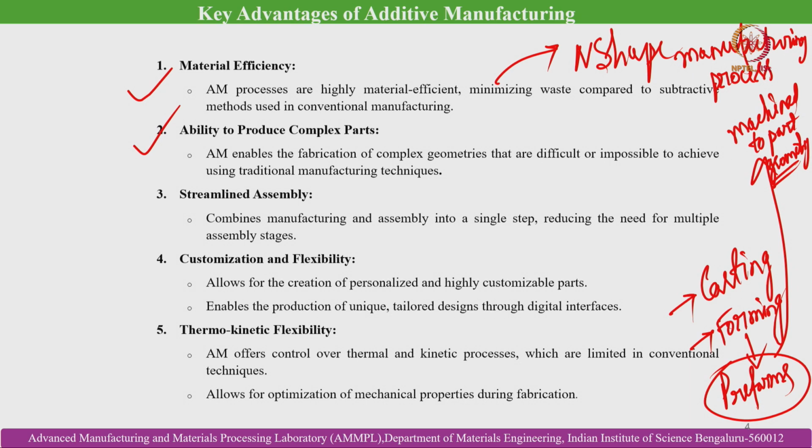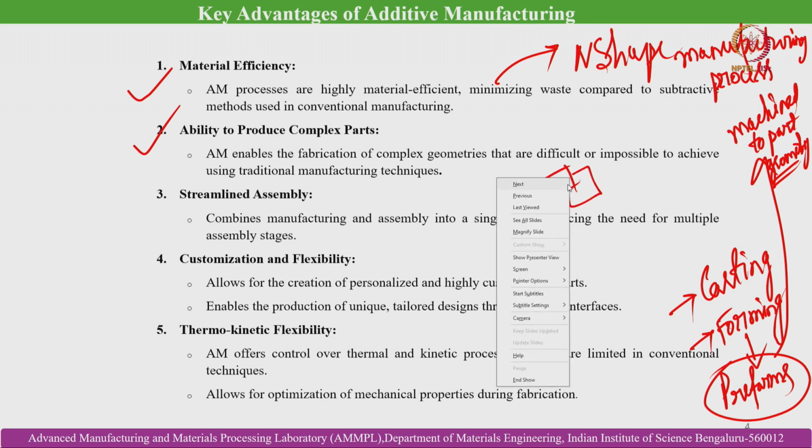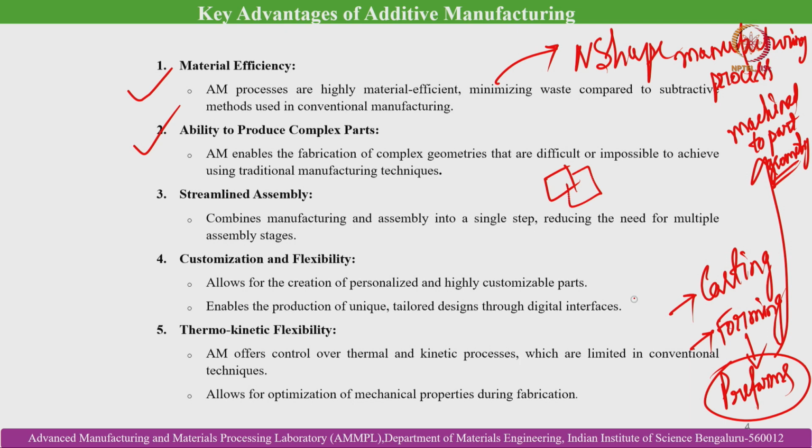Whereas in case of an assembly, if I draw a simple part, say it is a combination of 3 or 4 parts, you can see that there are complicated geometries involved.